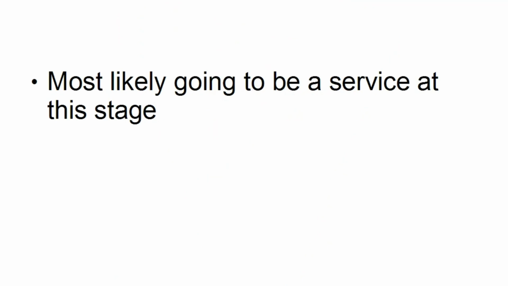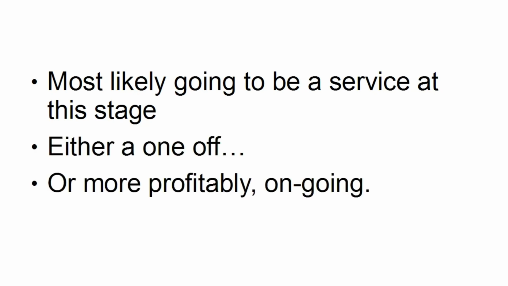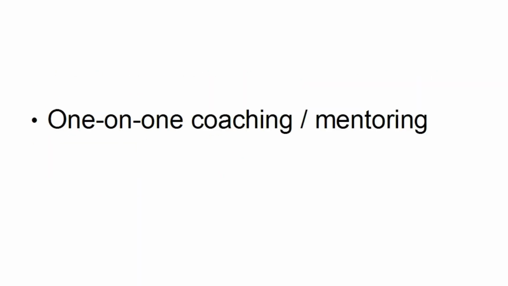And most likely this is going to be a service at this stage, and one offered by you or perhaps by other people within your organization. And this can either be a one-off, or more profitably, it can be an ongoing service that you're going to offer on a continuous basis. And at this sort of level, the most popular offerings are one-on-one coaching or mentoring and consultancy.